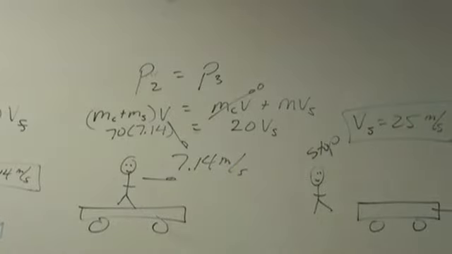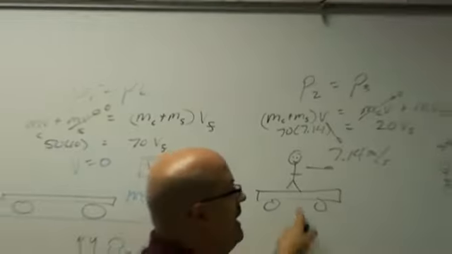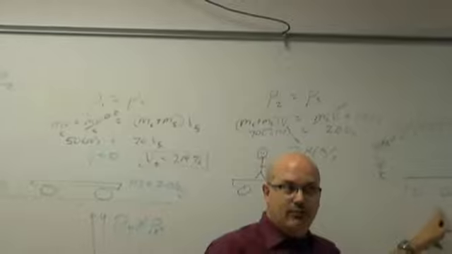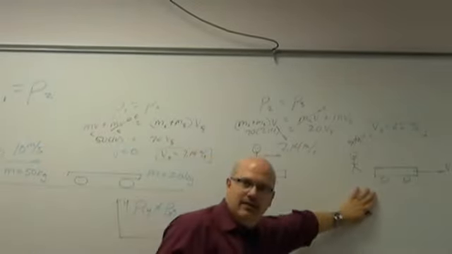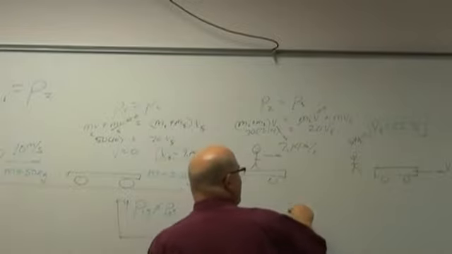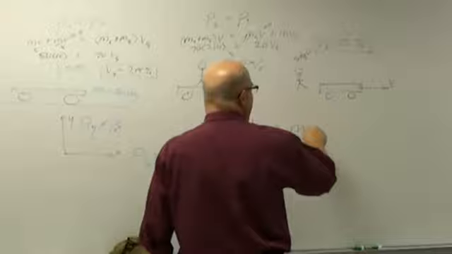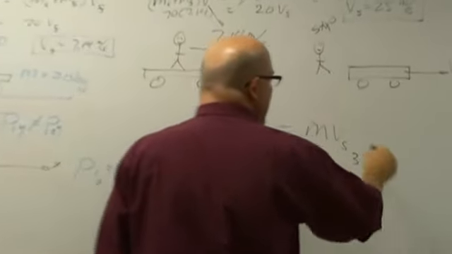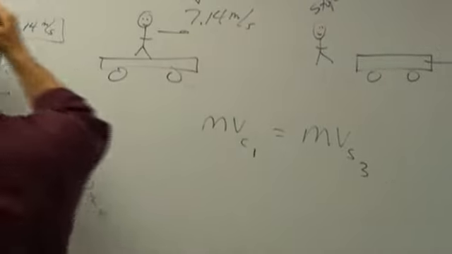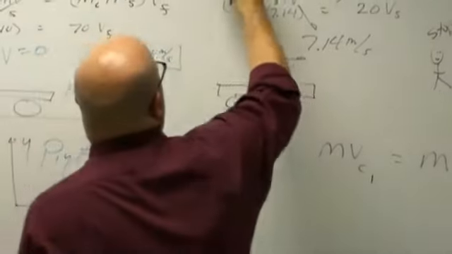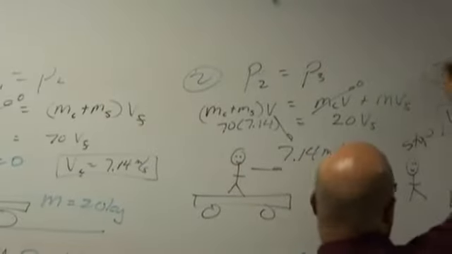Okay, let's check something, everybody. The momentum here at the beginning equals the momentum here when they're together, equals the momentum here when the child's jumped off. So doesn't that mean the momentum at the start equals the momentum at the end? So couldn't we say that the mv of the child at the very start equals the mv of the skateboard at the very end, if we call this location 1, 2 and 3?